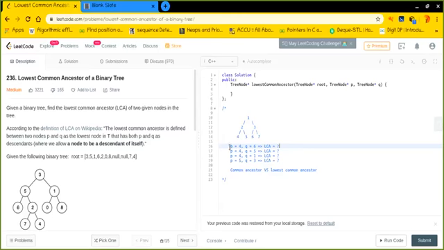So if I take 4 and 6 into consideration, what are all the common ancestors present for these two? Can I say 2 is the common ancestor for 4 and 6?